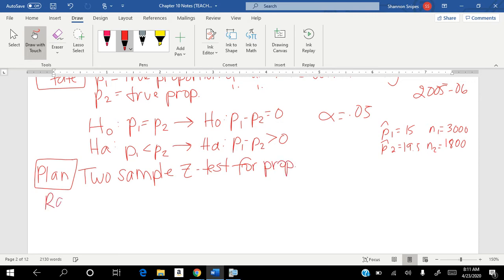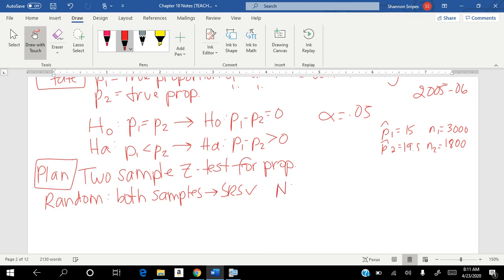All right, random. So the 2 samples were selected at random. So both samples, we did a simple random sample check.